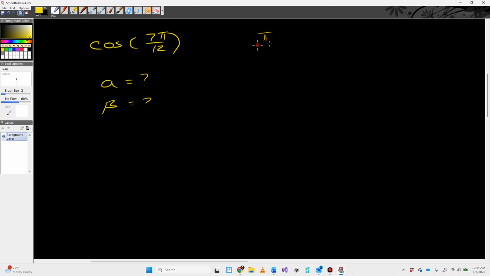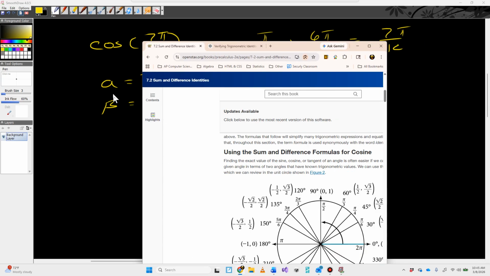So if I were to take pi over 12 and add that to 6 pi over 12, well, that's 7 pi over 12. This is my alpha, this is my beta. My alpha is pi over 12, my beta is 6 pi over 12. Well, this reduces to pi over 2. I have a value pi over 2 that I can use.